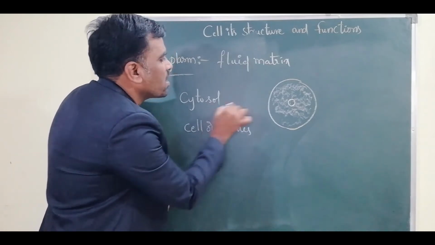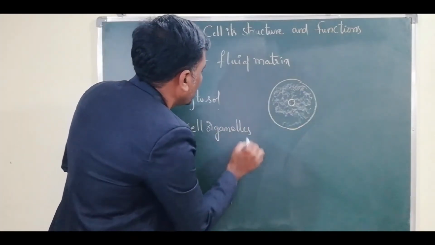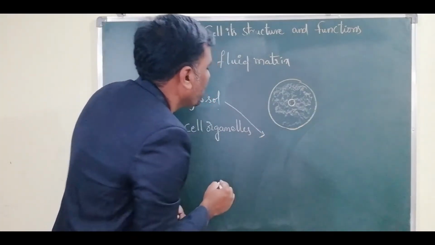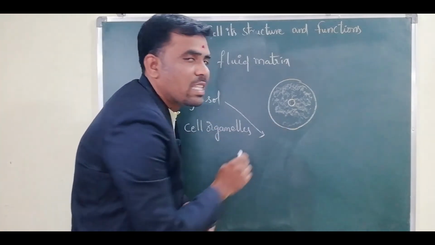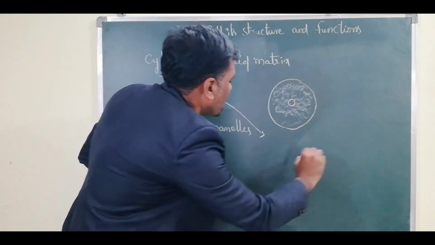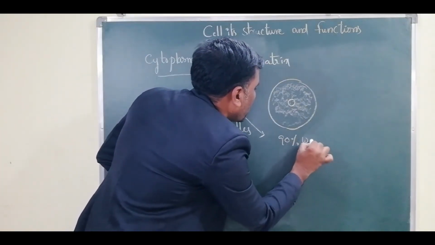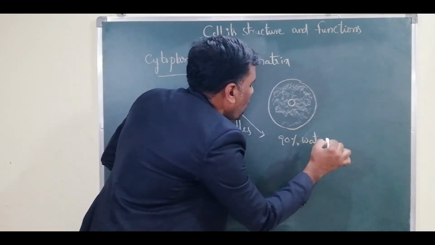These two parts are present in the cytoplasm. What is cytosol? The cytosol is the liquid part of the cytoplasm. Mostly it has 90% water.